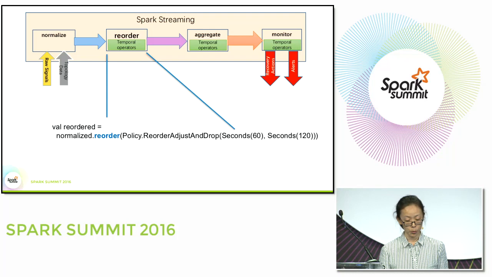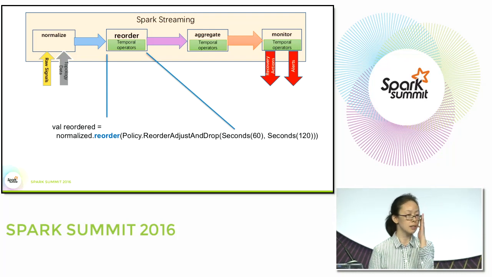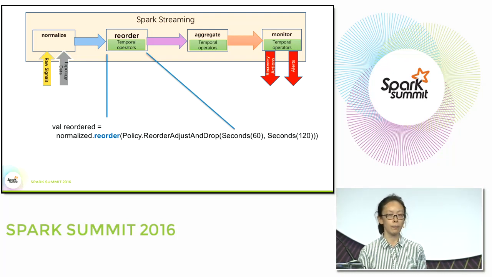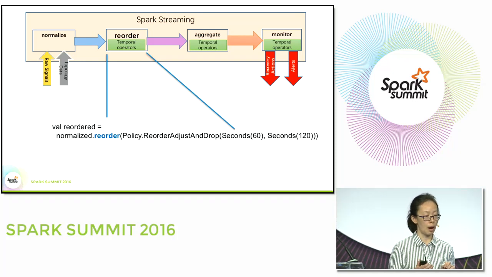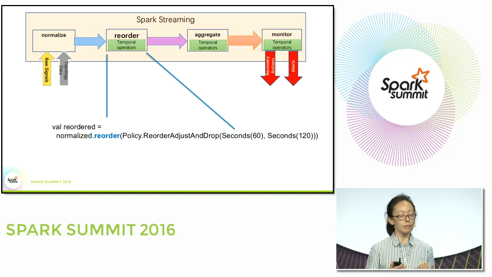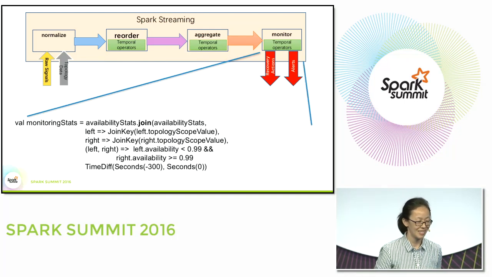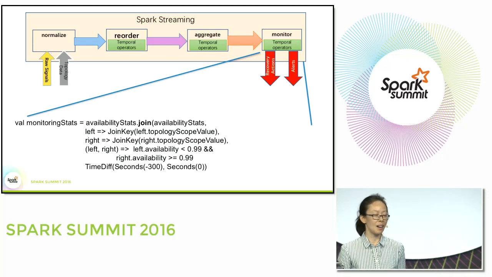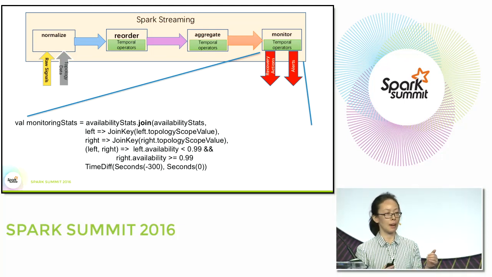And then when we generate monitoring events, the general rule is that when the system is under alarm, you don't want to generate duplicates. And so we model this processing as a self-join. Okay, so for the monitoring, let's take availability as an example.